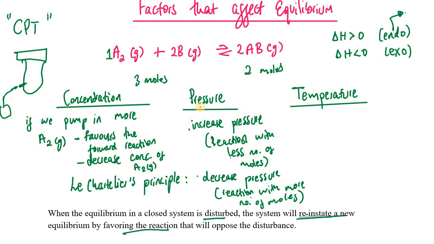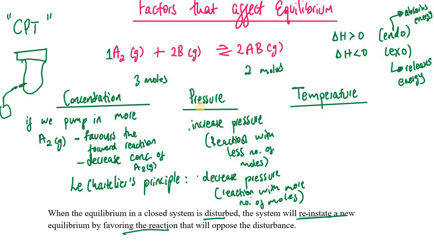Endothermic, it absorbs energy. While exo, it releases energy. Just like how you release someone from your life and they become your ex. So exo releases energy.